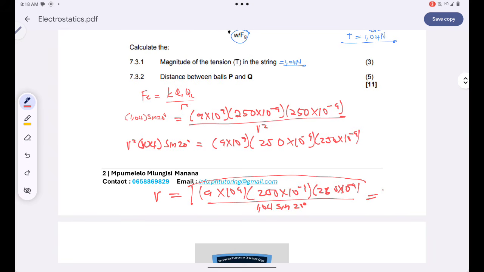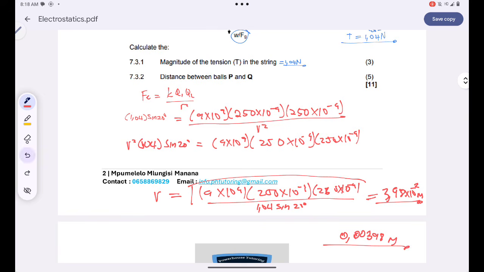The distance will simplify into 3.98 times 10 to the negative 2 meters. 3.98 times 10 to the negative 2 meters, or you could have gotten 0.00398. One and the same thing.